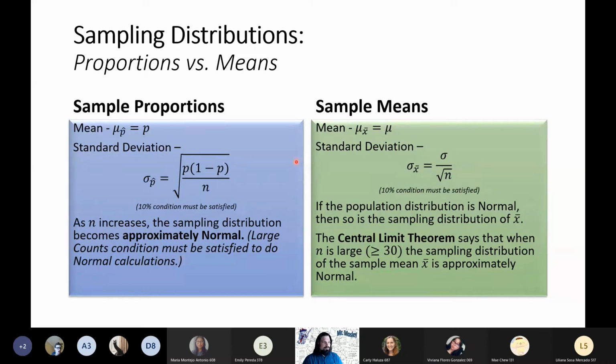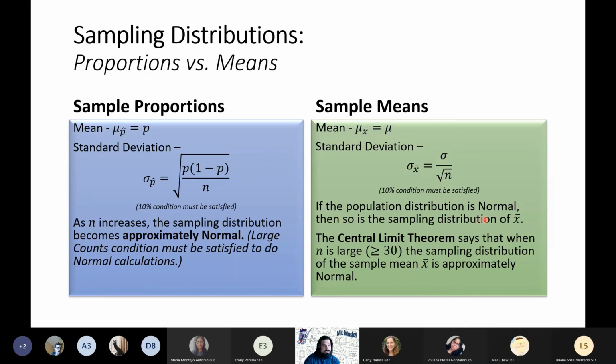When dealing with sample means and sampling distributions of sample means, the mean of the sampling distribution of sample means is equal to the population mean. The standard deviation of the sampling distribution of sample means is equal to the standard deviation of the population divided by the square root of the sample size n, provided the 10% condition is satisfied.